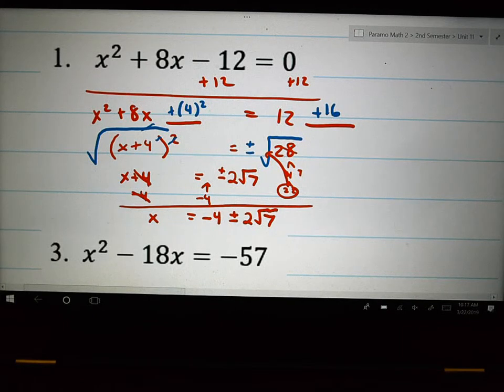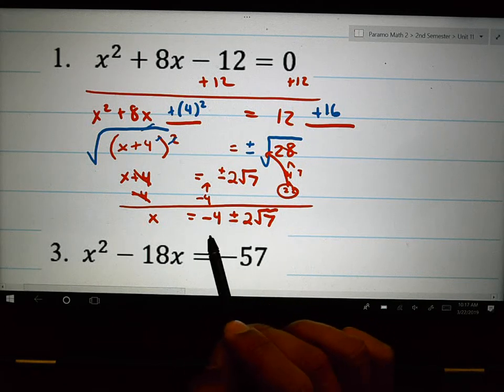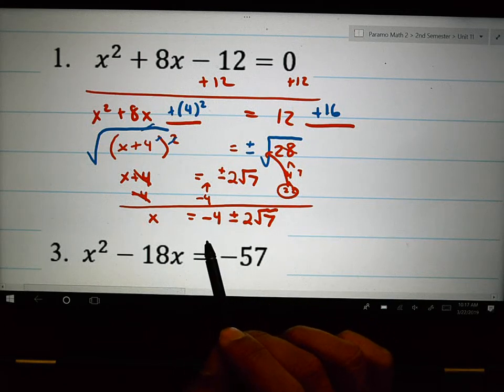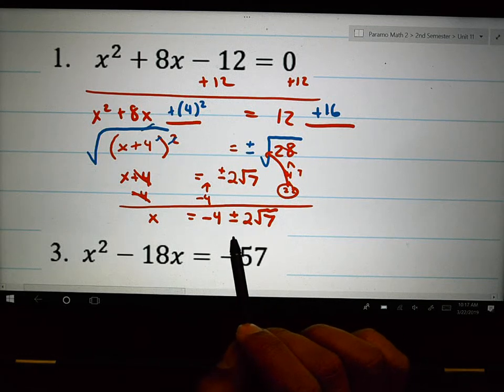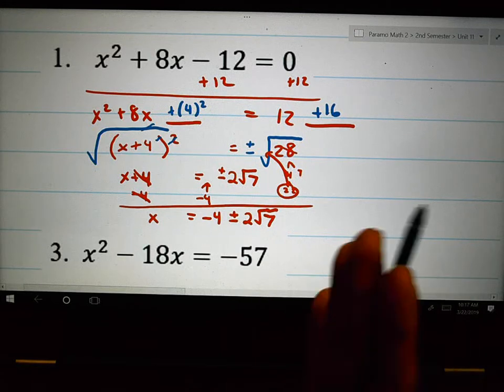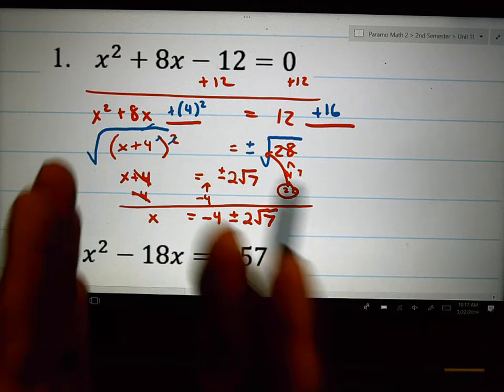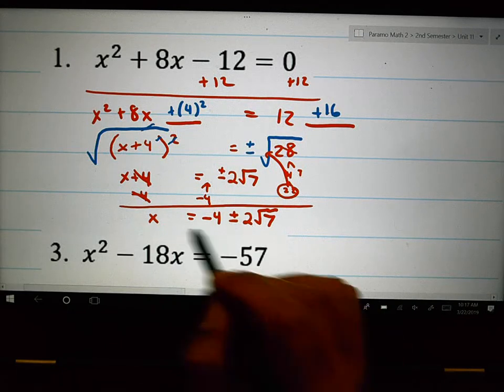Your step 7 says combine these if you can. But let me make a reminder to you. Root 7s can only add with other root 7s. Root 6s can only add with other root 6s. Square roots can only add or subtract with other things that are exactly the same. These aren't the same. You can't put them together.